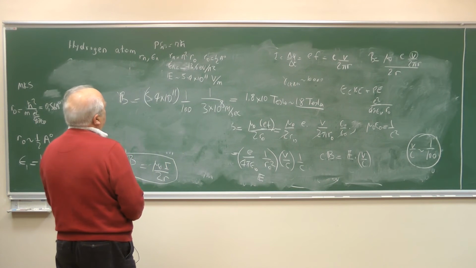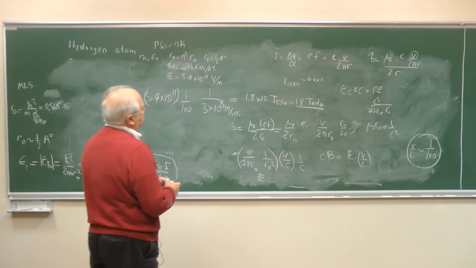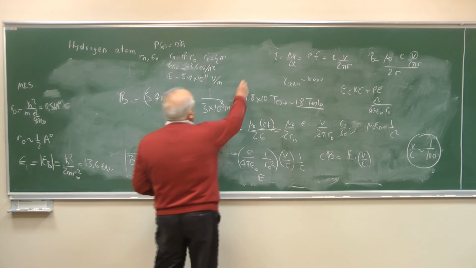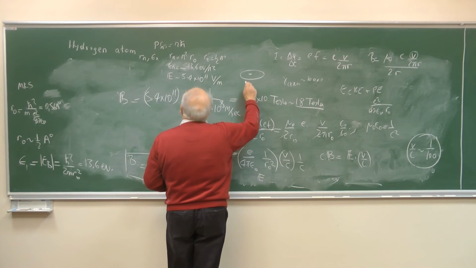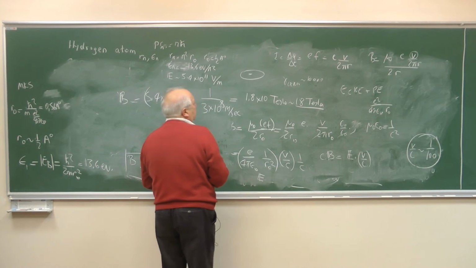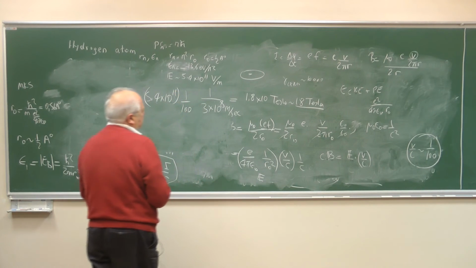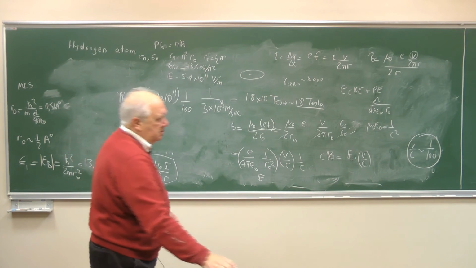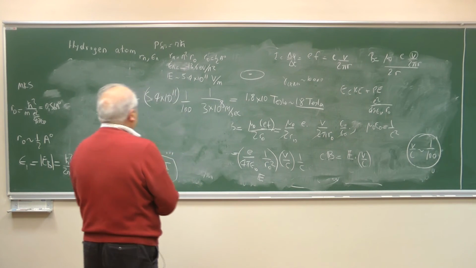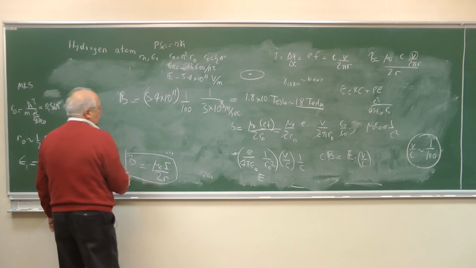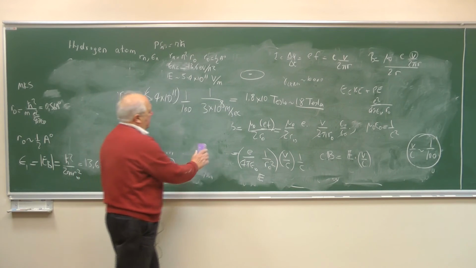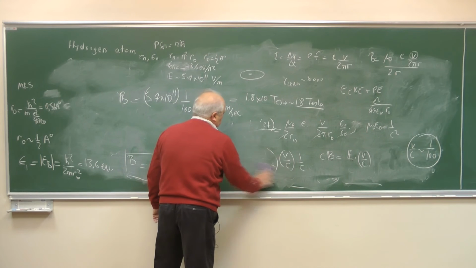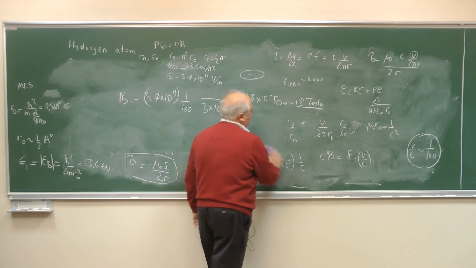So what is this? The magnetic field at the site of the proton due to the electronic current is 18 Teslas. Well, let's compare it to a macroscopic current loop.